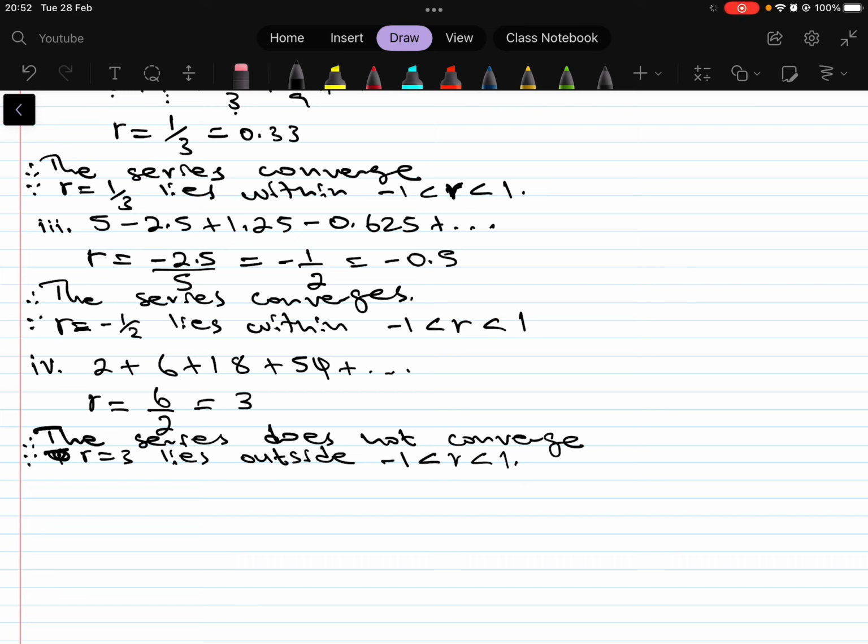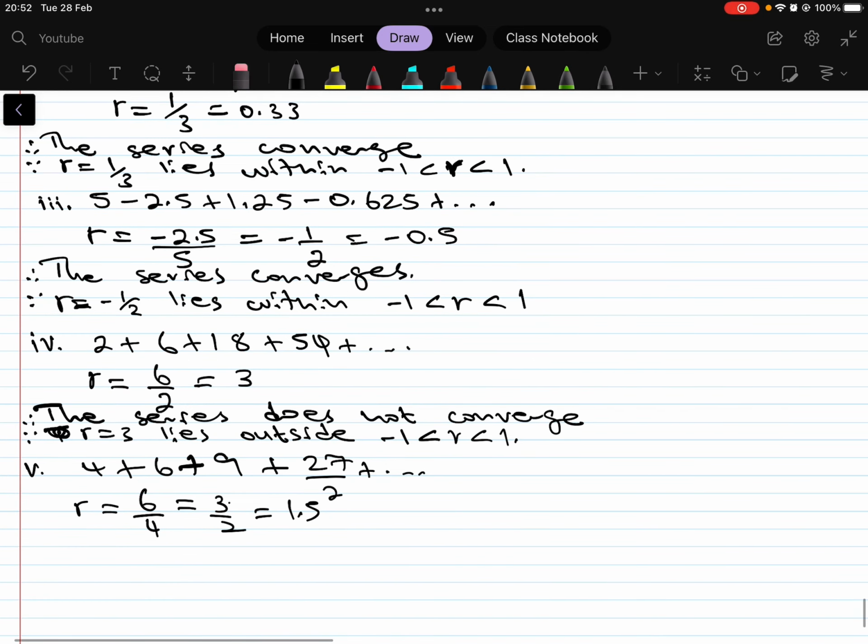Let's do, I think, 2 more. I'm sure you would have understood the whole process now. 4 plus 6 plus 9 plus 27 over 2 plus ... Okay. So still, just calculate your R, which is 6 over 4. 6 over 4 is 3 over 2, which is 1.5 if you write it in decimal form.